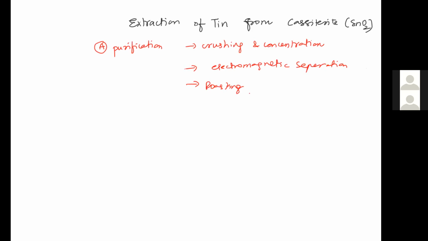So roasting means it is heated in the presence of air. Sulfur is removed as SO2, arsenic as As2O3, and antimony as Sb2O3.